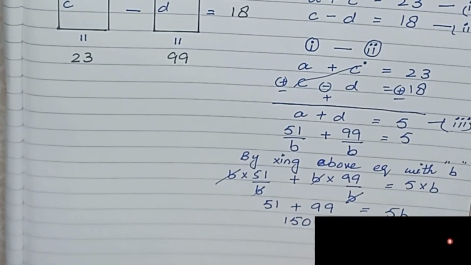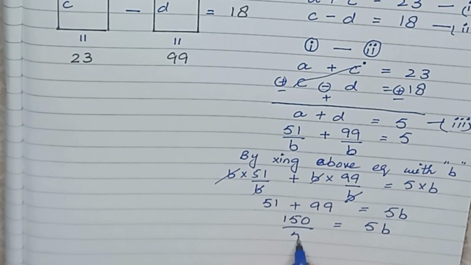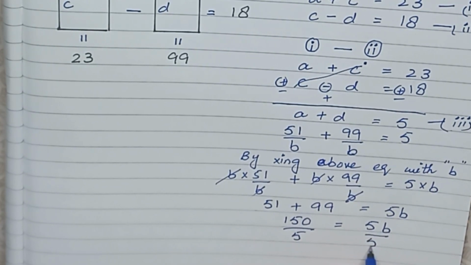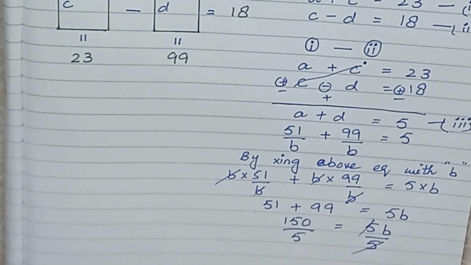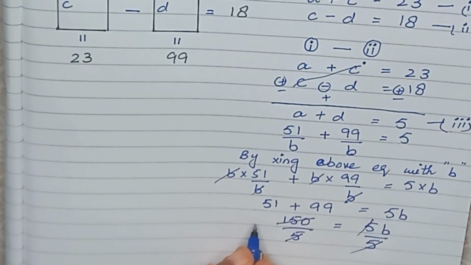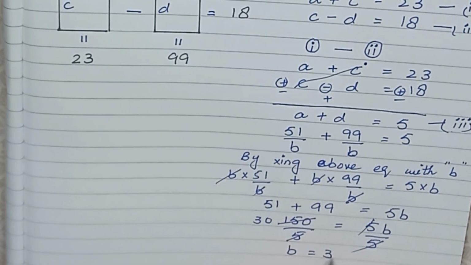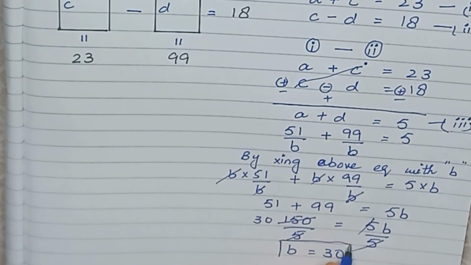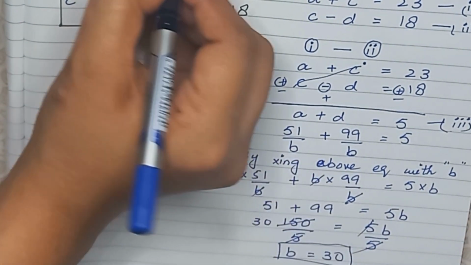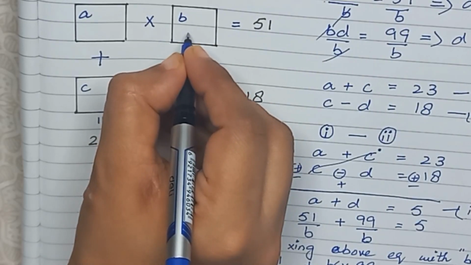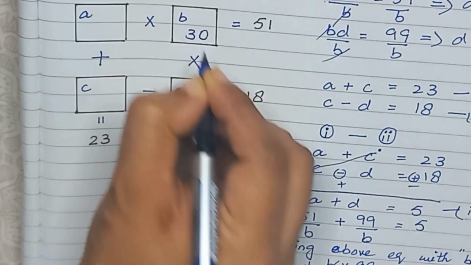Now we will divide both sides by 5 to find the value of B. So 5 and 5 will be cancelled out, and 5 1 times 5, 5 3 times 15 and 5 0 times 0. So from here B is equal to 30. So B will become 30.